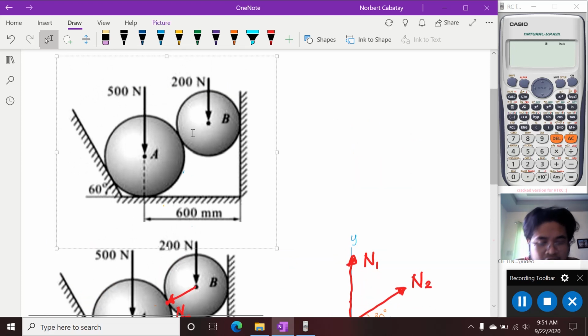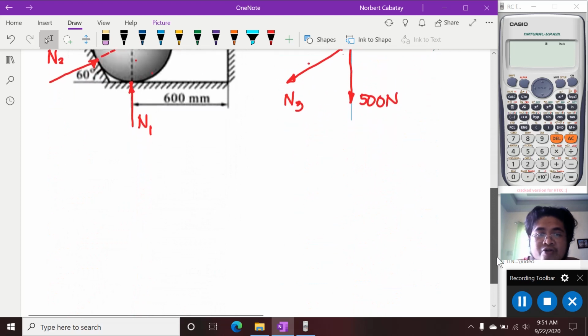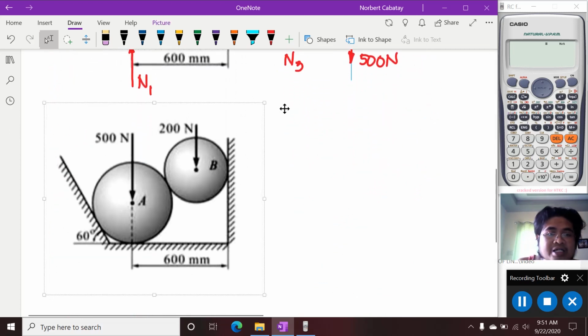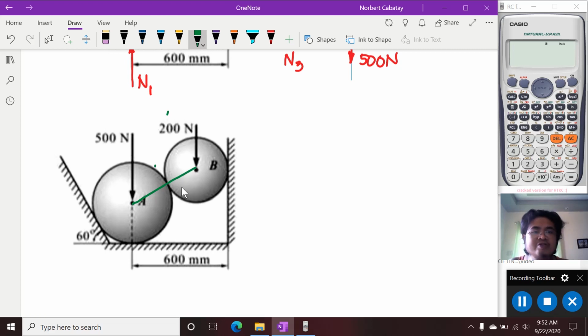Kopya ko lang ito ulit para may reference tayo ng drawing. Di ba class? Mula dito sa A, papunta doon. Iba-iba natin ang kulay.